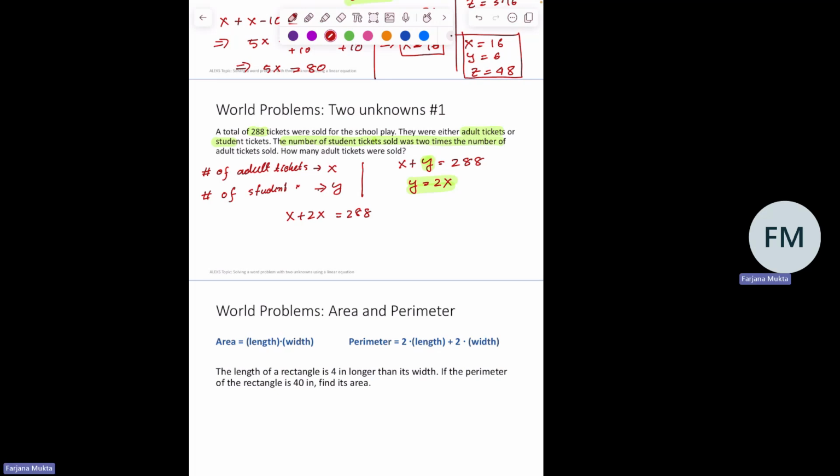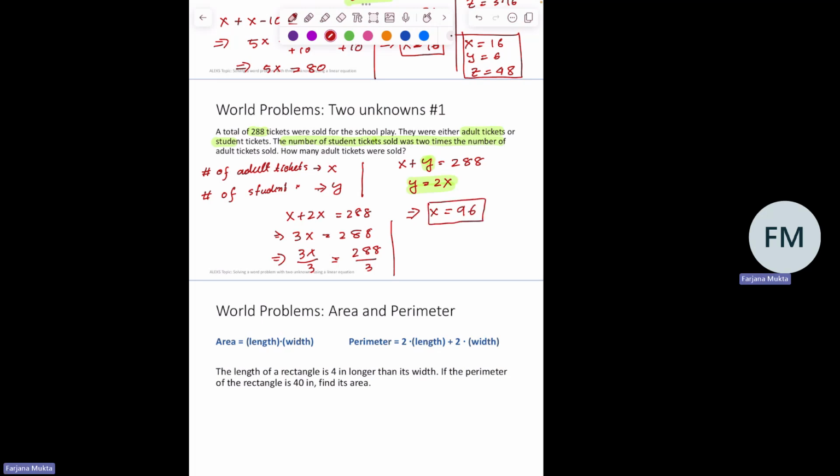Right? So we get 3x equals 288. And now we'll divide both sides by 3. Right? And so we get x equals 96.